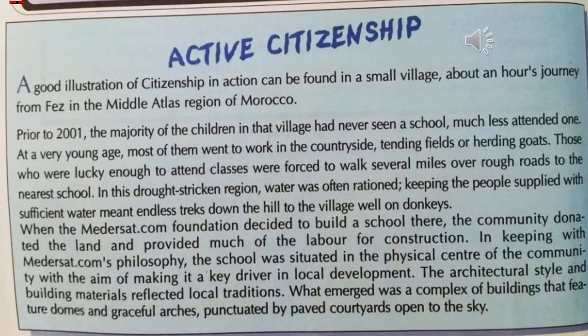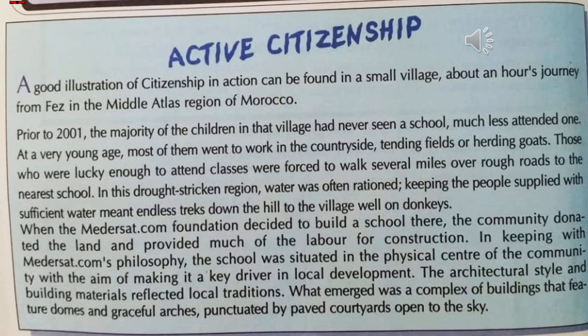Keeping the people supplied with sufficient water meant endless treks down the hill to the village well on donkeys. When the Medisat.com Foundation decided to build a school there, the community donated the land and provided much of the labor for construction. In keeping with Medisat.com's philosophy, the school was situated in the physical center of the community with the aim of making it a key driver in local development.